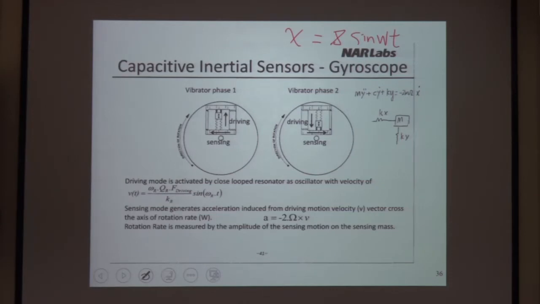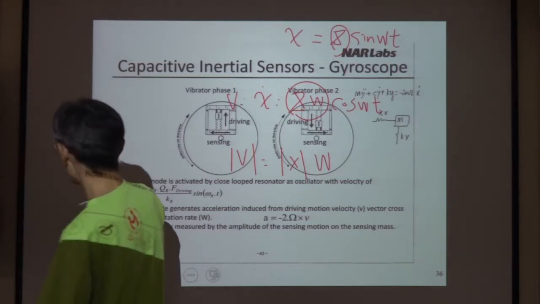Then x dot, dx/dt, equals x omega cosine omega t. But x dot is the velocity. So the magnitude of the velocity is this one. The magnitude of x times omega. So that's why.